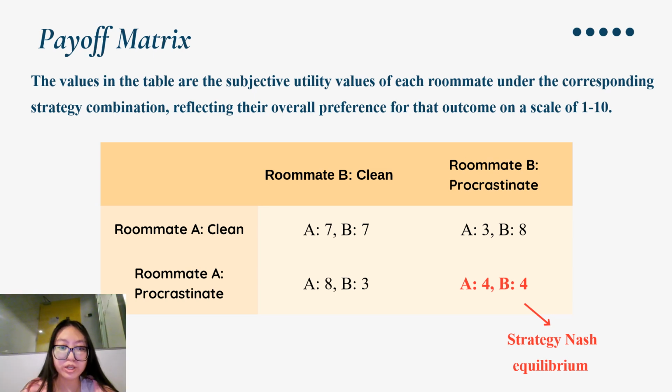Through Nash equilibrium analysis, we find that procrastinate is a pure strategy Nash equilibrium for this game, because for either player, procrastinating has a higher payoff than clean in case the other player chooses to procrastinate. However, this outcome, while beneficial to individuals, is not overall optimal.